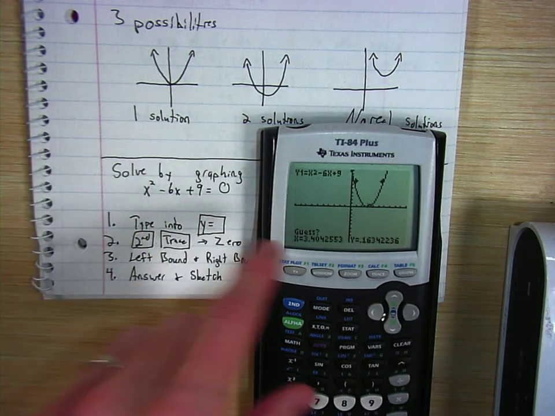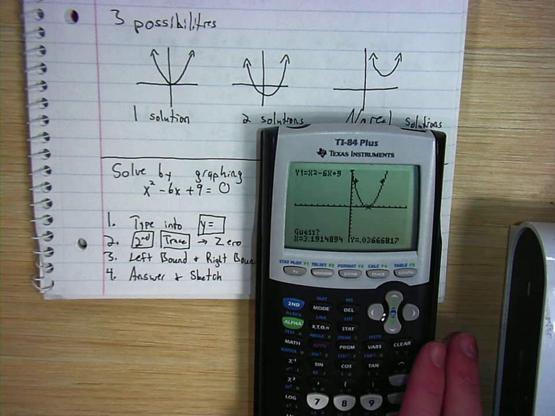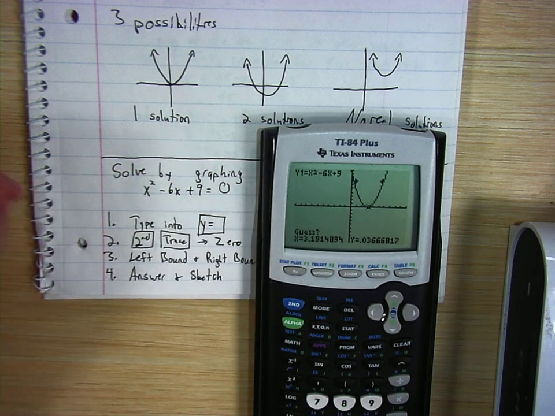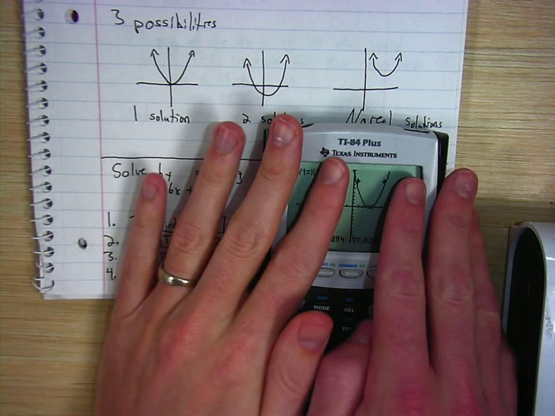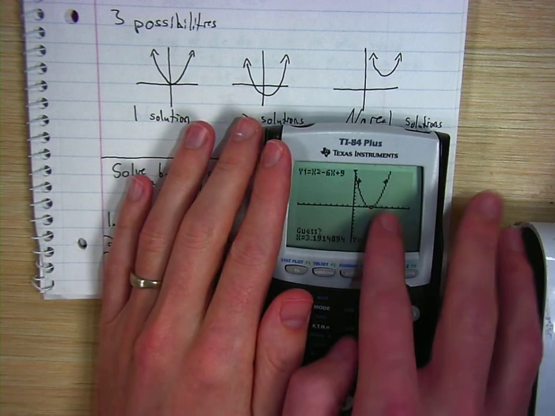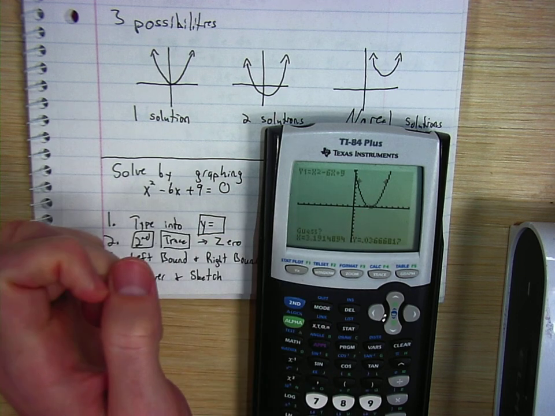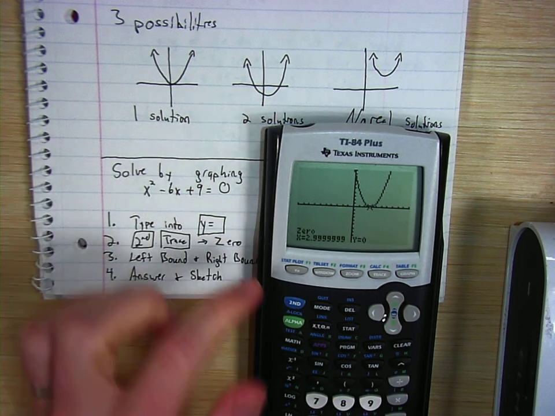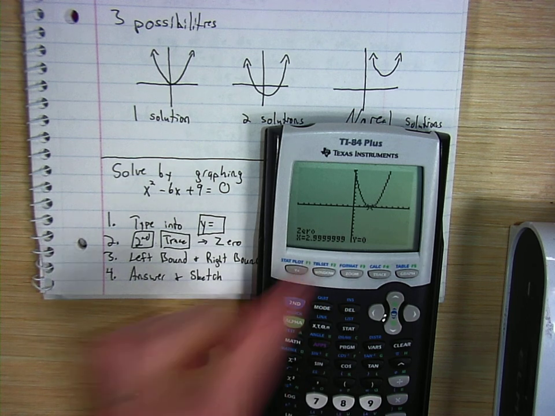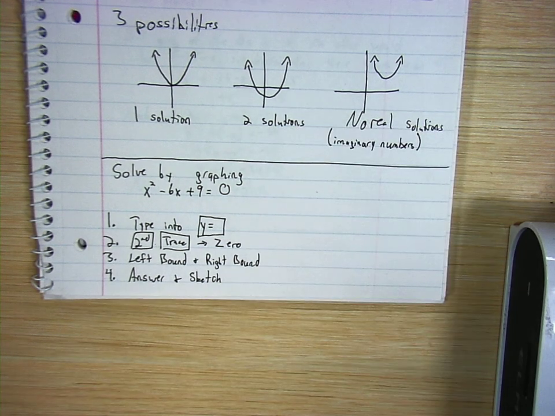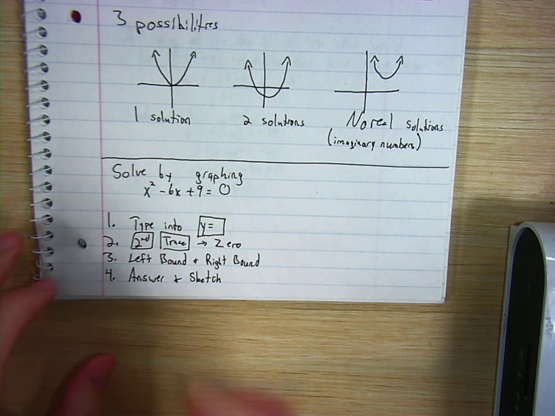Theoretically it should make this go faster, but it's going to be so fast that faster won't really even matter. So I'm going to guess right here, and what you're doing is saying, okay calculator, look between these two arrows, try to find where the graph equals 0, and start looking around this point. And boom, 2.9999999. If you get something like that, just round it up. This is really a 3. So I know my answer is 3.